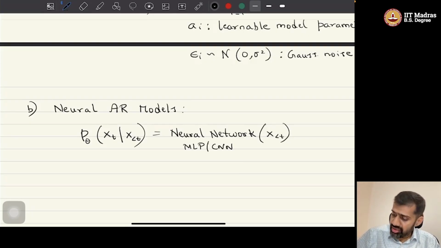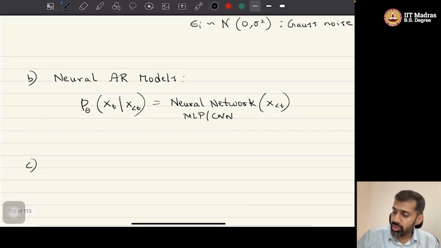After that, a little more complexity was added to these neural AR models by using architectures called recurrent neural networks, abbreviated as RNNs, which are also one family of autoregressive models.